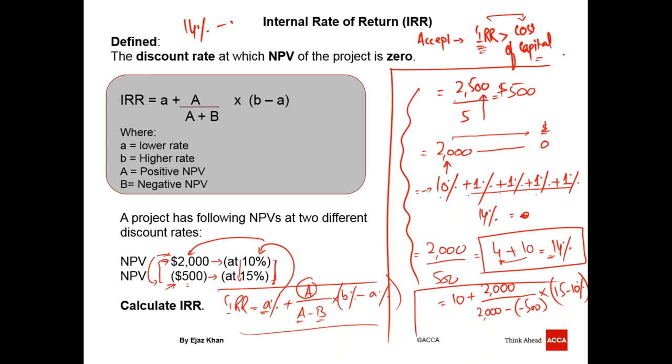But with objective answer, I would say the company will be indifferent, because if the cost of capital is equal to IRR, it means that the company will save nothing, but at least it will be able to satisfy its investors. So usually the company will look for any other project which has a higher IRR than the cost of capital. But in case the company does not have any other project, even with the cost of capital equal to IRR, the company may go for it so that it can keep its investors satisfied.